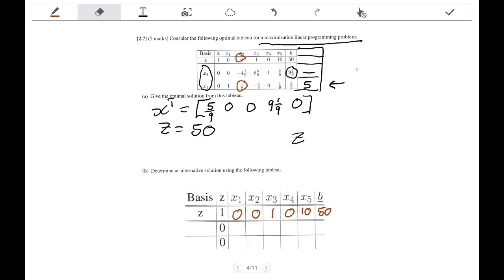So to do that, you're going to do this row operation. You're going to say this: R2 will turn to R2 plus, since this is minus, and then say plus.